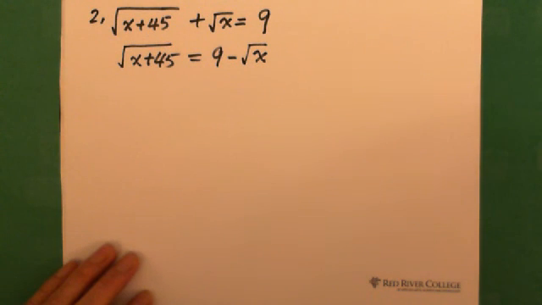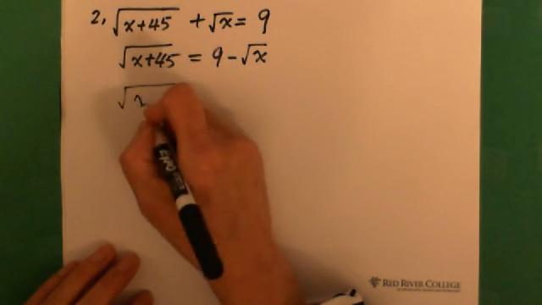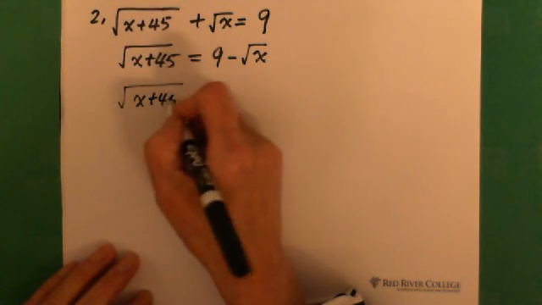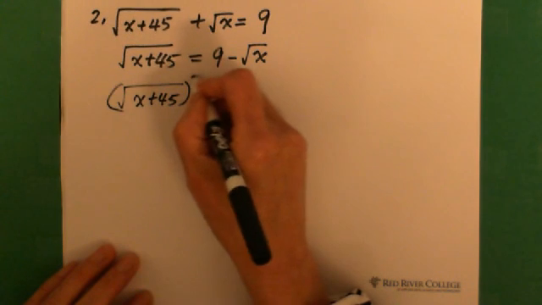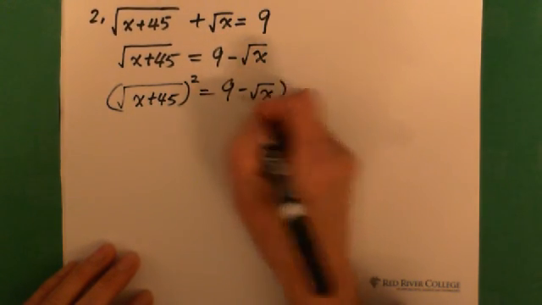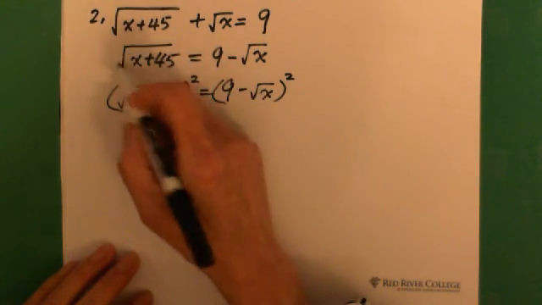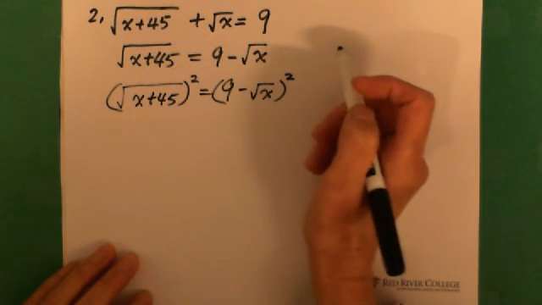In this way, then we square both sides. As a result, you can see x plus 45 squared equals 9 minus square root x squared. Square both sides, not each term. Square the left side, square the right side.